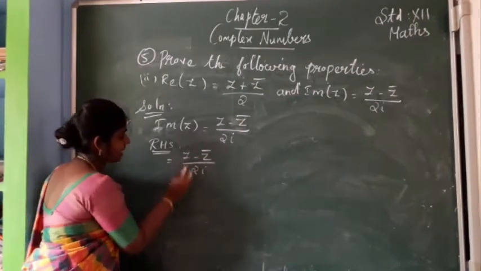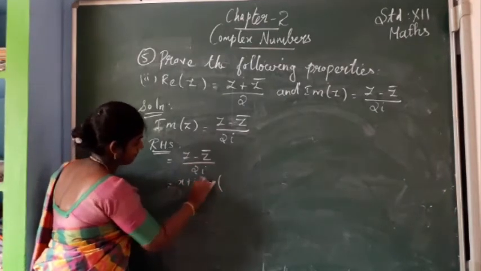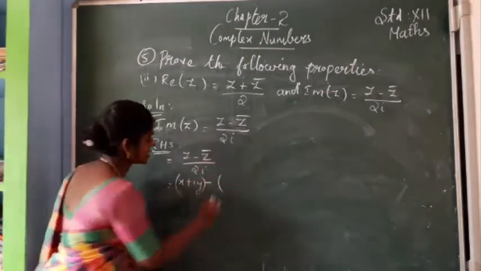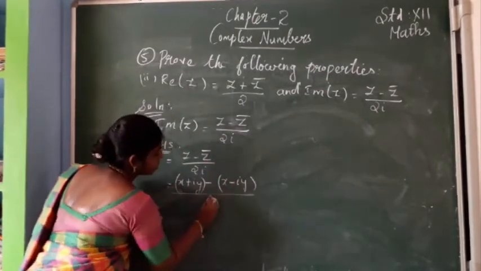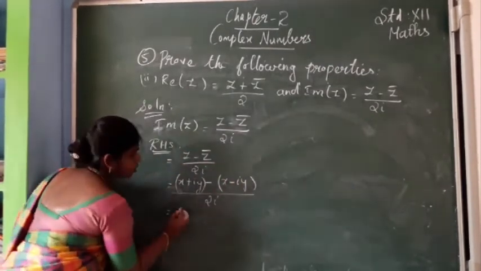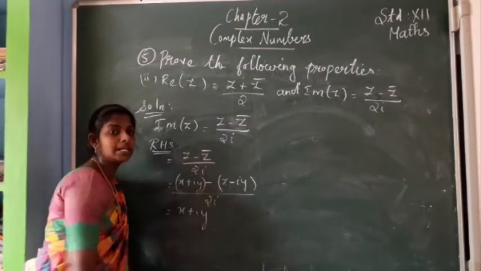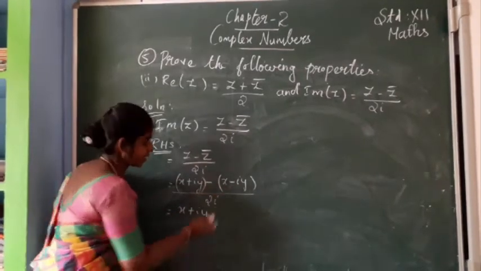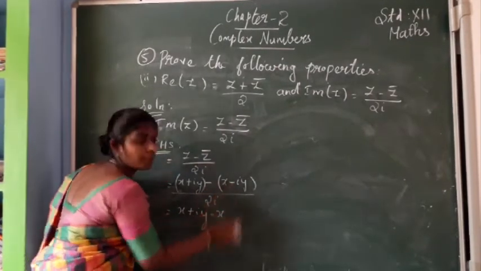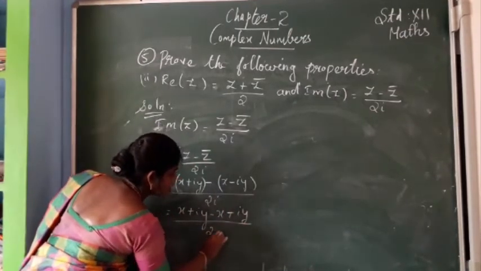You know z value is x plus iy minus z bar value x minus iy, divided by 2i, equal to x plus iy minus, you have to multiply this minus inside, so minus x plus iy, divided by 2i.